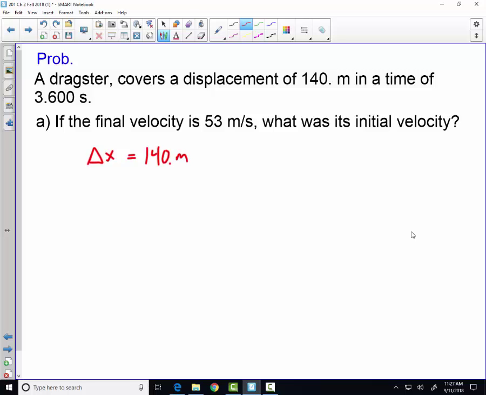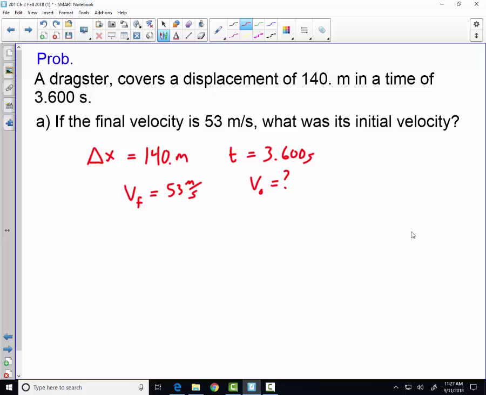So we know that. And it takes place in a change of time, really, of 3.600 seconds. Part A says if the final velocity is given as 53 meters per second, what was its initial velocity?